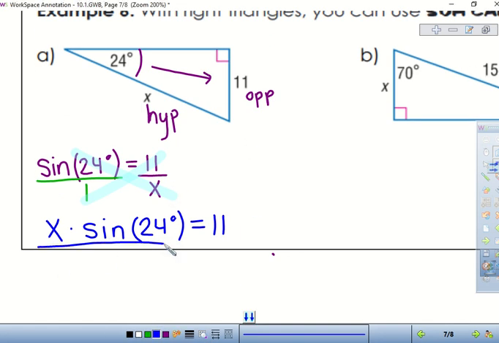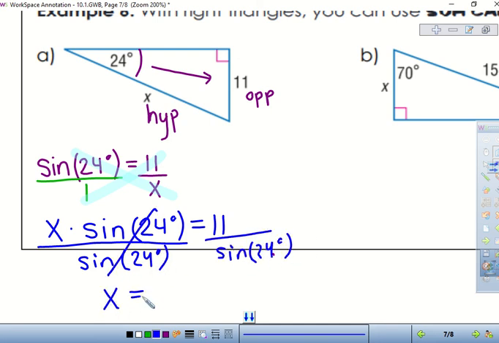And then we divide both sides by sine of 24 degrees. This cancels out and leaves me with x equals. Now this is where the calculator does the rest of the work. 11 divided by 24 sine equals, and you should get approximately 27.